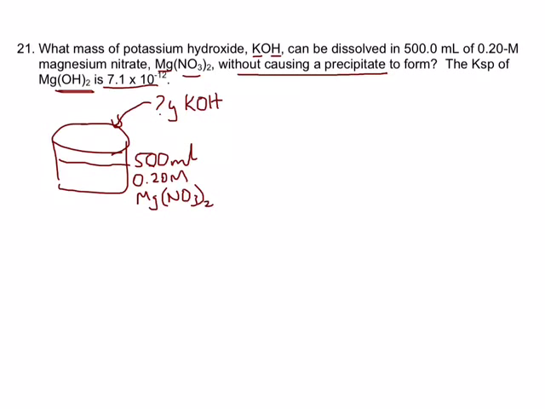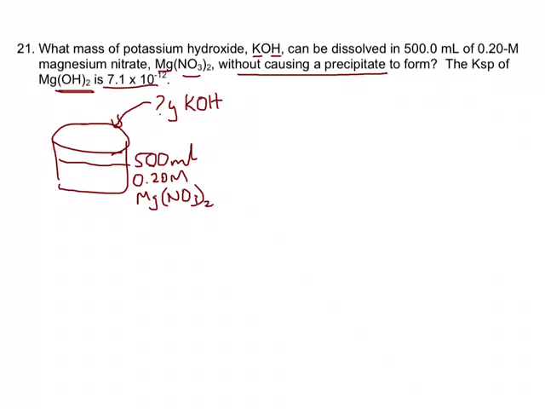Any more than that, and there would be a precipitate because you'd have a supersaturated solution. Any less than this amount, and it's still no precipitate, but you could have added more. So the amount of KOH needed to make the solution saturated would be the maximum amount of KOH that we could dissolve without causing the precipitate.